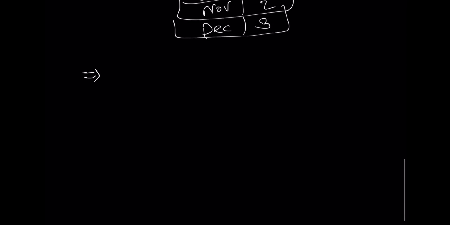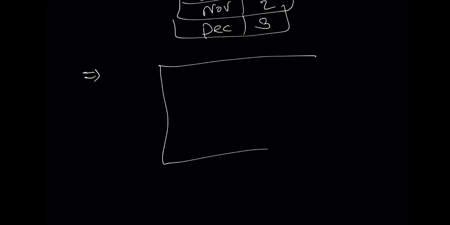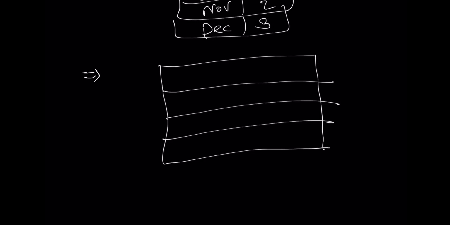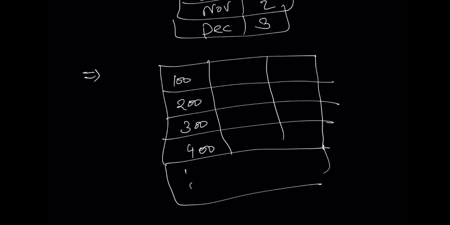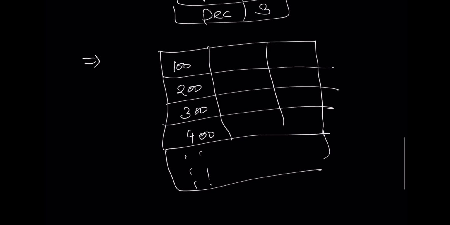Now, the third and most important thing is we're going to calculate what the remainder will be for 100 years, 200 years, 300 years, 400 years, and then we're going to make a generic formula for the remaining years.